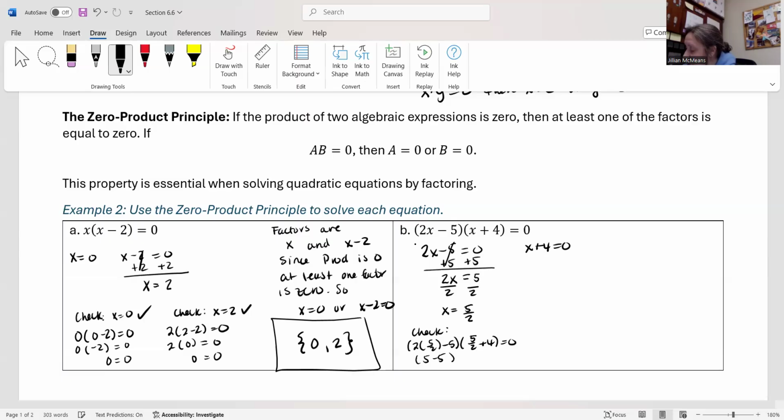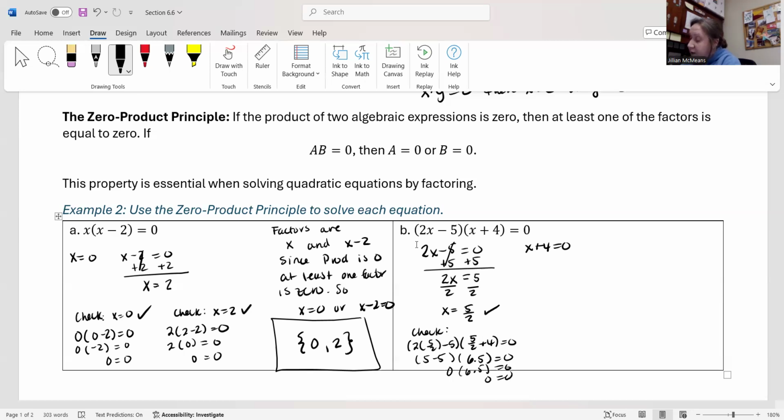So I get 5 minus 5, and then I get 5 halves plus 5. Well, 5 halves is 2.5, plus 4 is 6.5. So I'm just going to write it as 6.5, even though we generally don't do that. We usually would keep it in fraction form. Well, 5 minus 5 is 0. So there's my 0 factor. 0 times 6.5 really is 0. So we know that this one works. It definitely satisfies the equation.